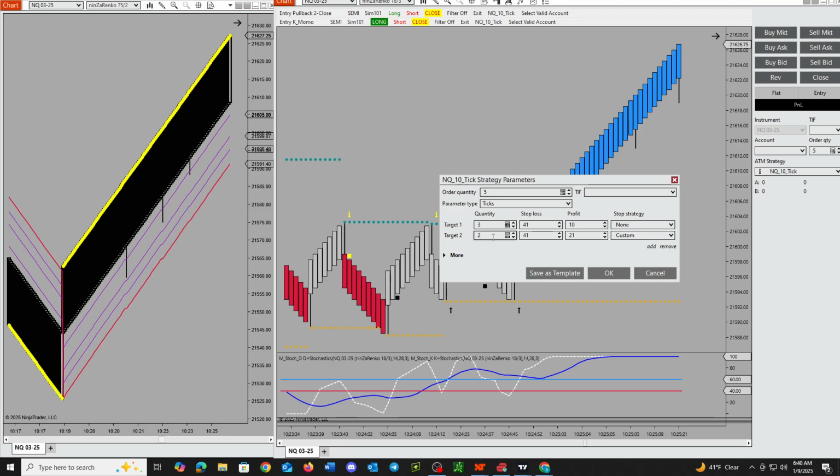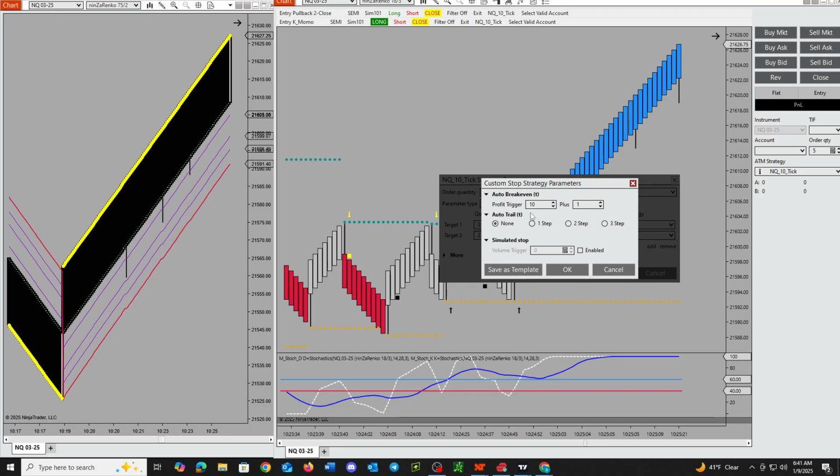Okay, so starting with 5, 10 tick profit on 40, on 3, and 21 tick profit on 2, and then at 10 ticks of profit I go to break even plus 1.